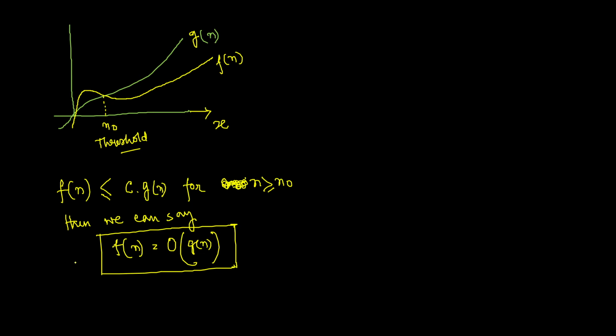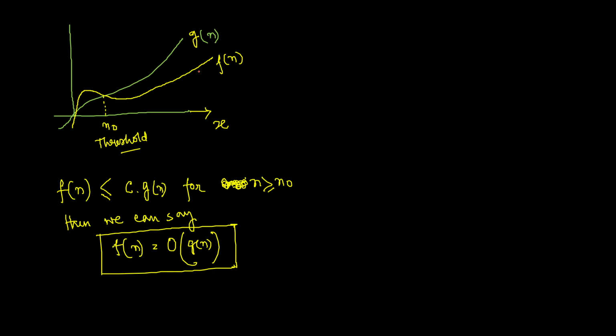So what are we actually doing? We are saying that this particular Gn is the asymptote curve. So we can say that this function Fn can reach at most up to Gn, but it will never go beyond this.